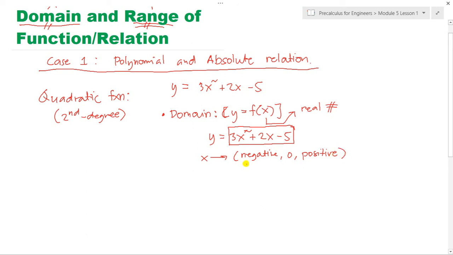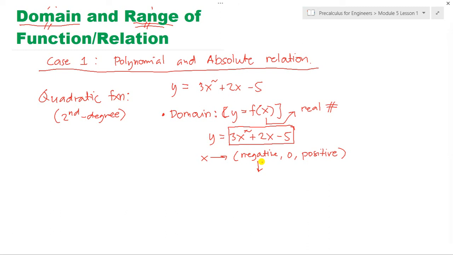Okay, if we're going to input a negative number here, class, what do you think is our answer? Is it a real number or imaginary number? So, real number, di ba? Let's say we have 3 times negative 3 squared, then plus 2 times negative 3, then minus 5.